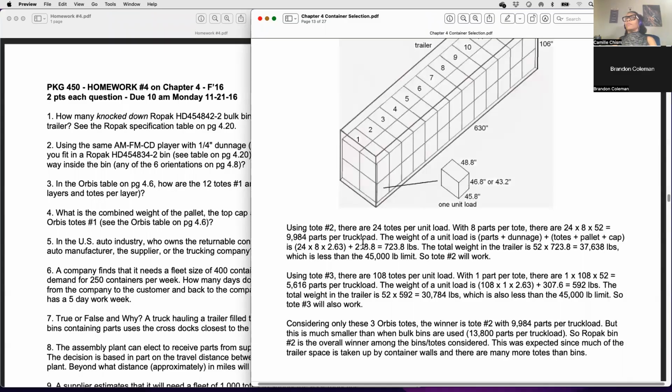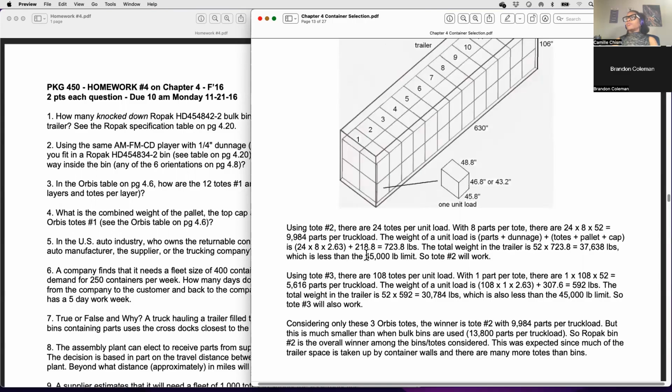So now that you know how many parts you're going to have on a trailer, you can take the weight of that unit load, parts plus the dunnage, and then you're going to add the weight of the totes, the pallets, and the cap, which is on that table that we looked at before. So you can take the 24 totes times 8 parts per tote times the 2.63, which is the weight of that part, again, that we keep using.